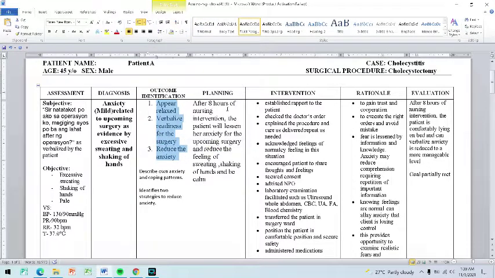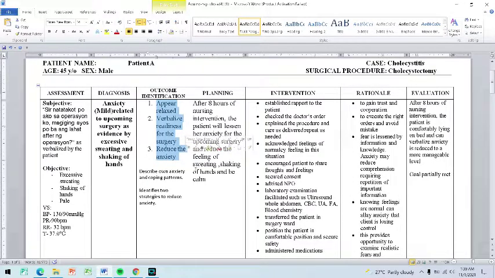So in here, after 8 hours of nursing intervention, the patient will lessen anxiety for the upcoming surgery and reduce the feeling of sweating, shaking of hands, and be calm. This last part will not fit the outcome identification.